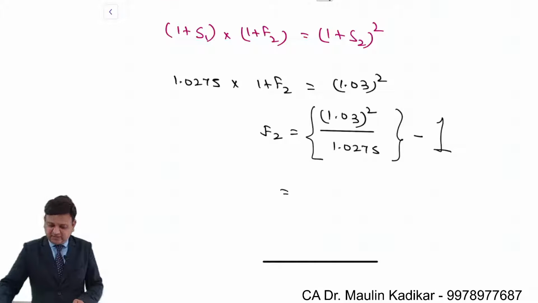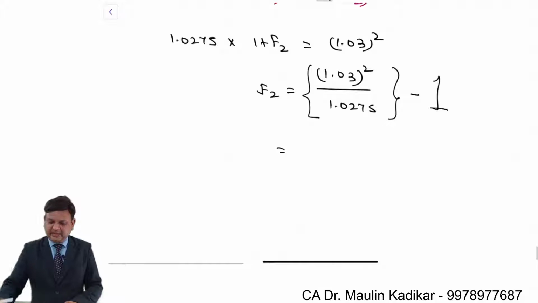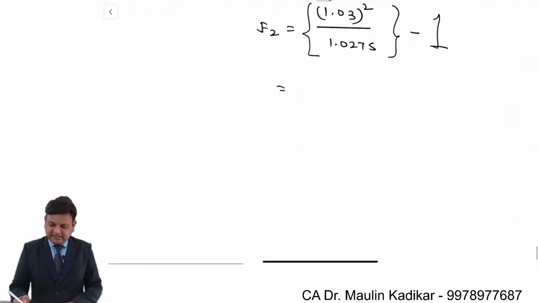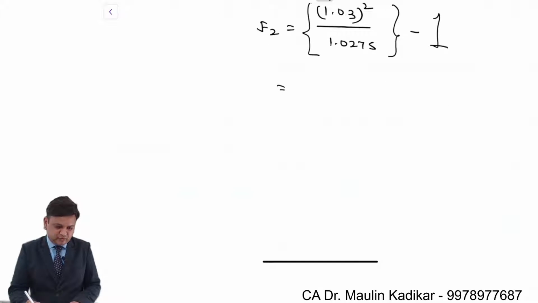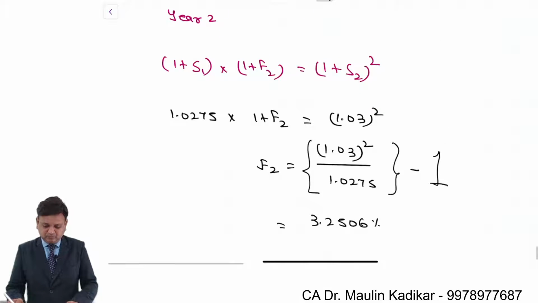So the answer would be 1.03 square divided by 1.0275 minus 1, into 100 for getting the answer in percentage terms, and the answer is 3.2506%. This is the forward rate for the second year.